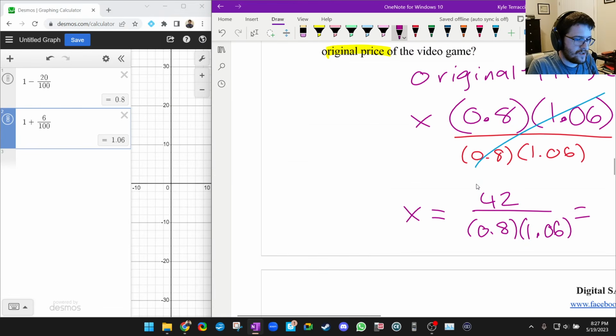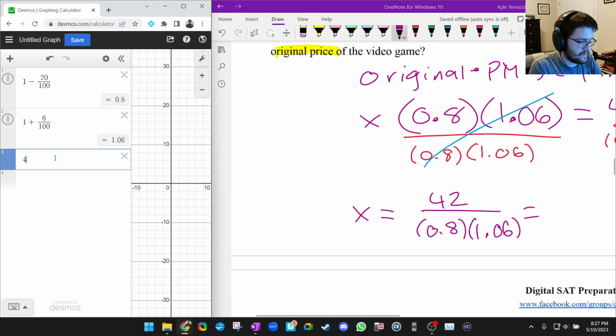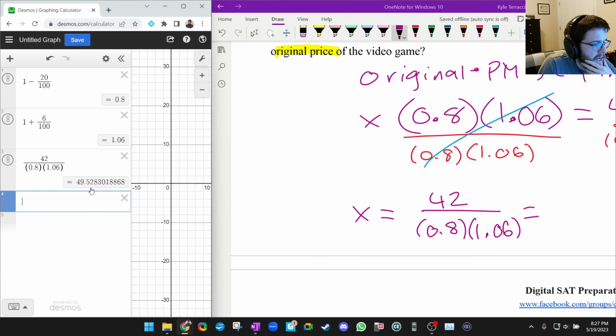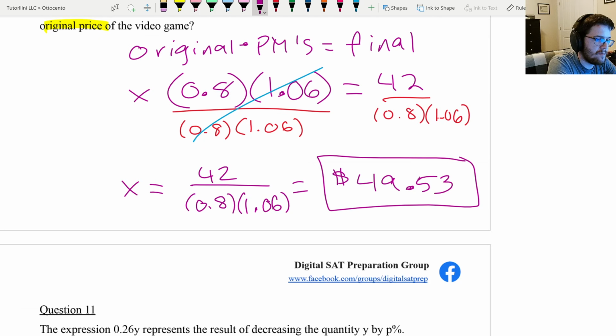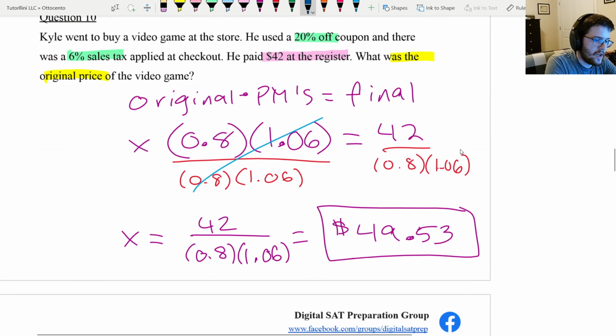So 42 divided by 0.8, 1.06. And we round money to the hundredths. Question doesn't say, but we round money to the hundredths, so this would be 49.528, so 49.53. So this would be $49.53.